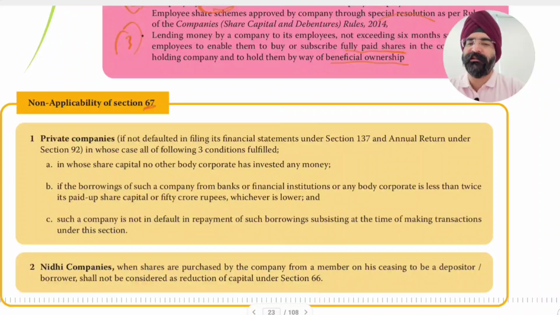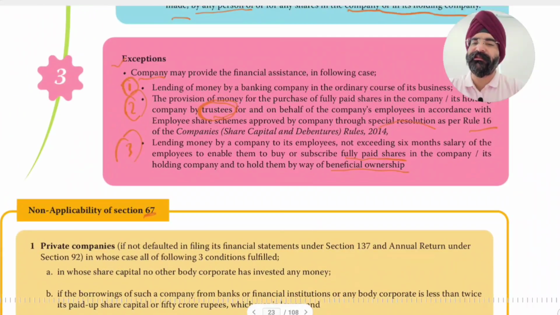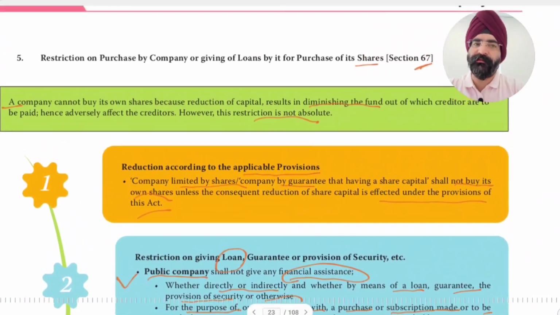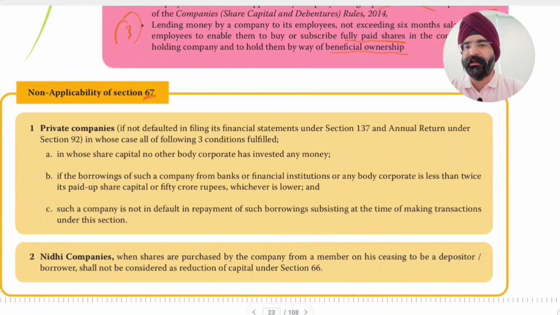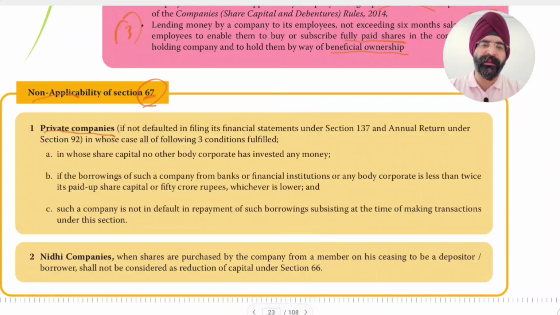Non-applicability of section 67. What is section 67? Restriction on purchase by company or giving of loan. So one is where this section is not applicable: a private company, if not defaulted in filing its financial statement under section 137 and annual return under section 92, in whose case all the following three conditions are fulfilled.